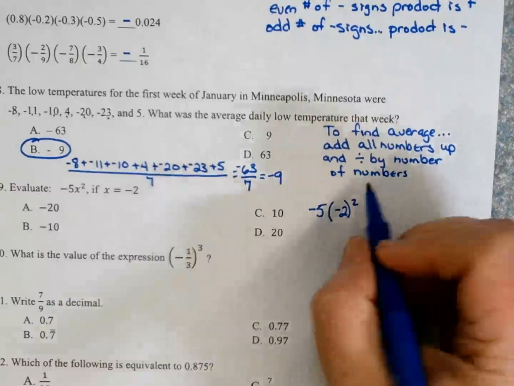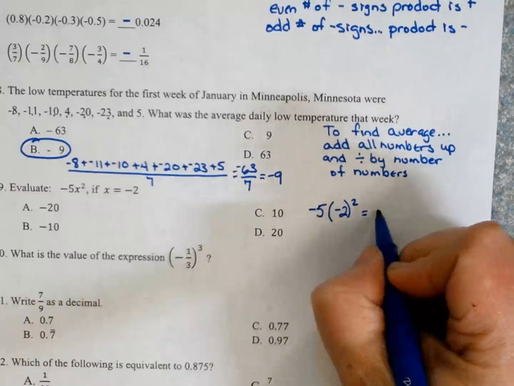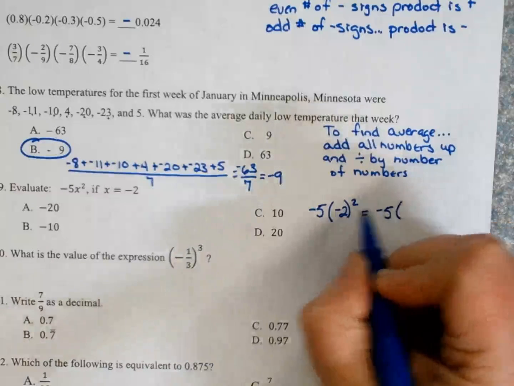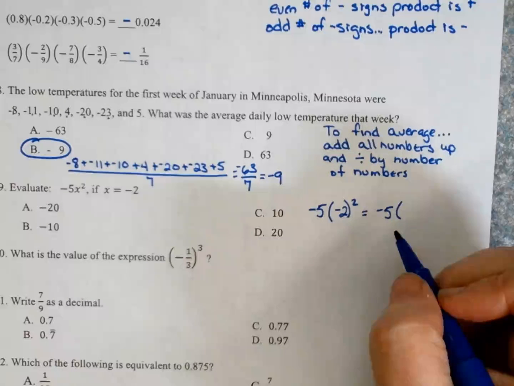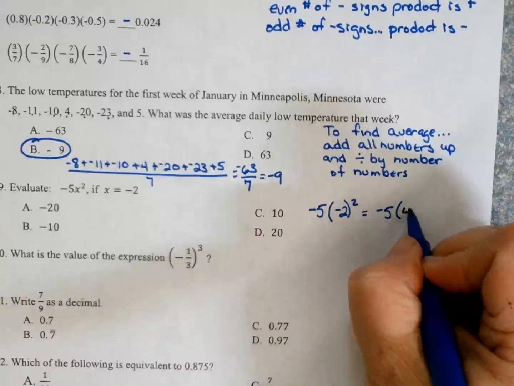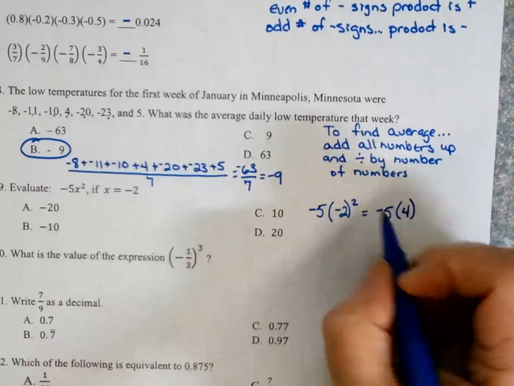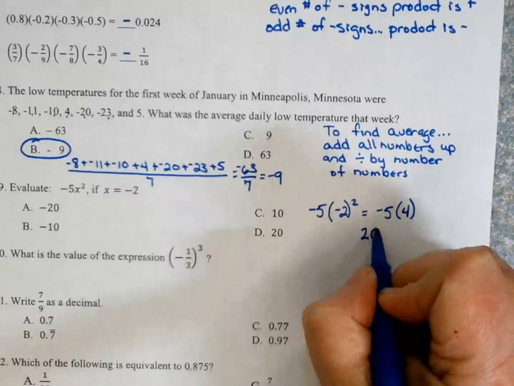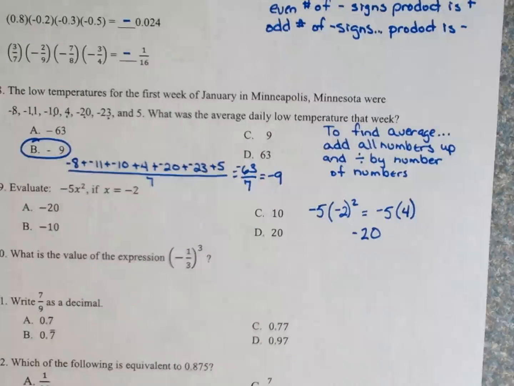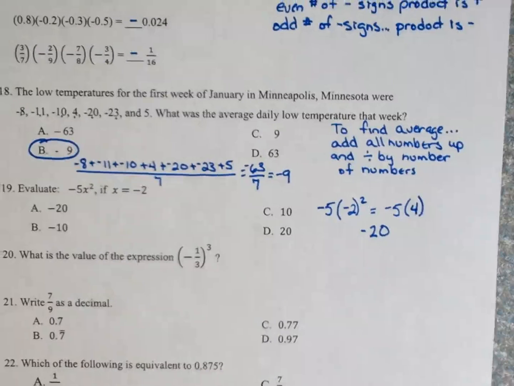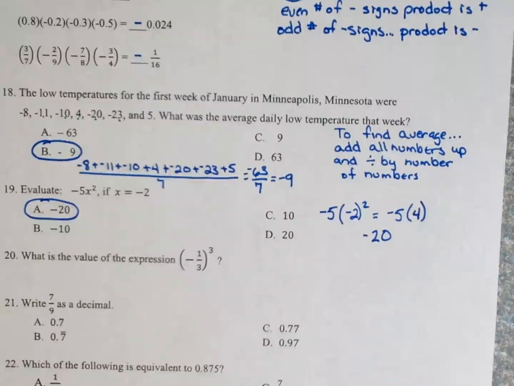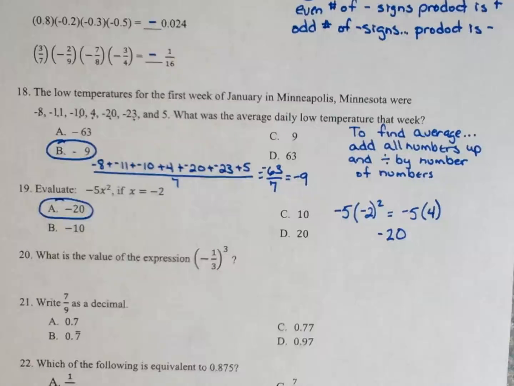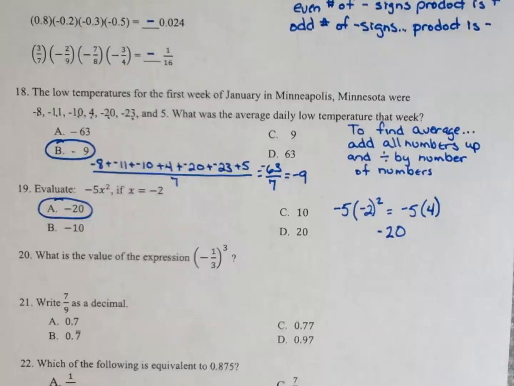That's all you have to do. So this becomes -5 times, what is -2 squared? Well, -2 times -2 is +4. So my answer is -20, because -5 times 4 is -20.